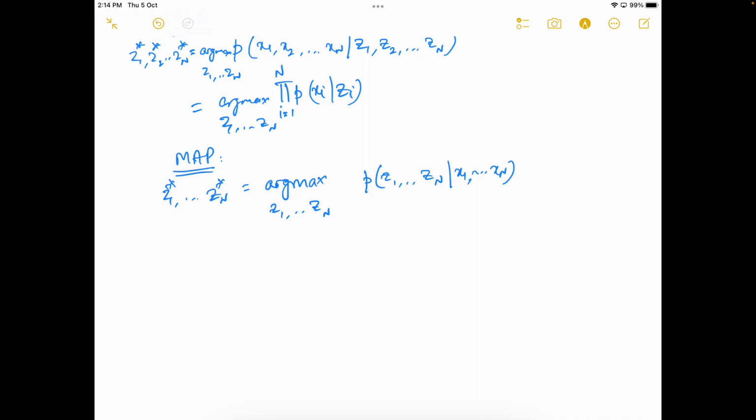Good. Can you simplify this term now in terms of your known quantities? Emission probability, transition probability, initial probability.